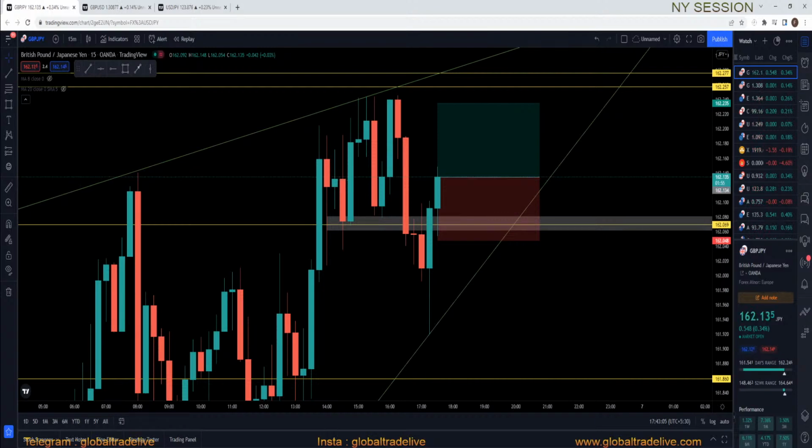This is the last 1 or 2 minutes remaining in the 15-minute candle. Let's see if it breaks the high and continues to move up, or if it just comes back down.